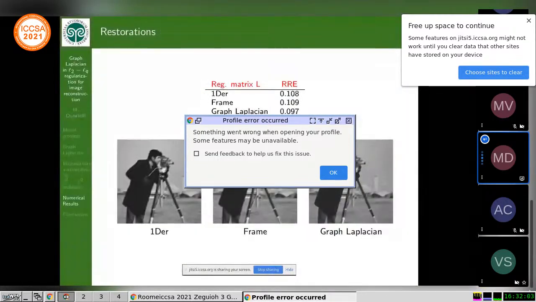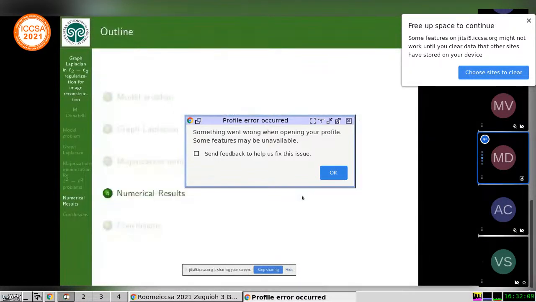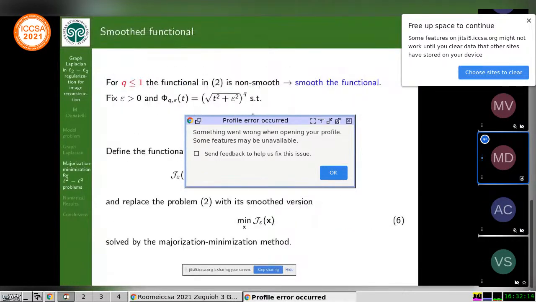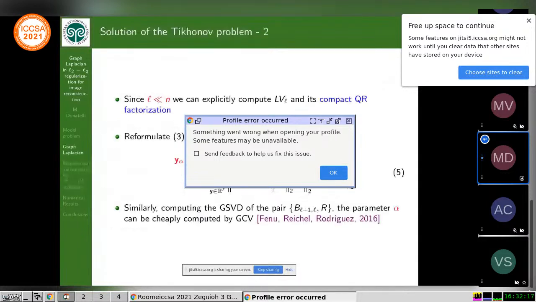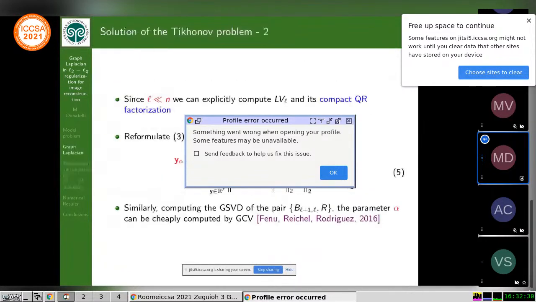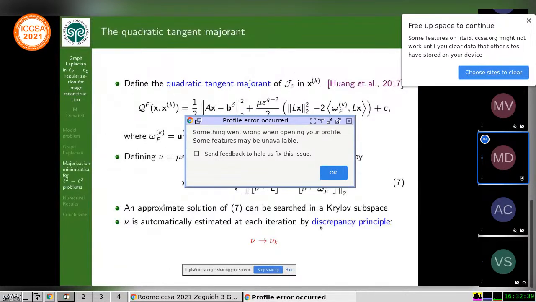Okay, nice question. I'm lucky to say that we also did the version with the GCV method. Since I didn't stress it early, but since we used your approach for the computation of the first approximation x alpha, in a similar way, following your idea, also in the graph Laplacian, here we could replace the discrepancy principle with the GCV.